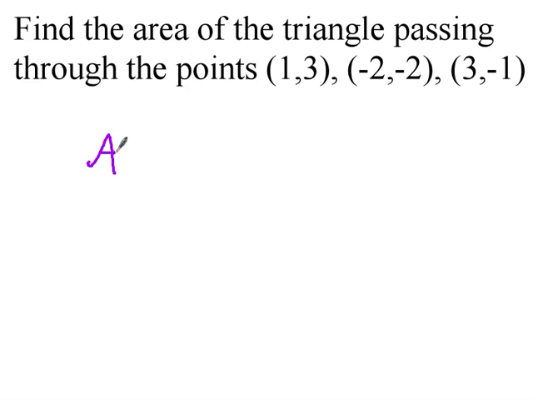So we've got our area here, and I know I'm going to use a plus or minus 1/2, or I could put 0.5, it doesn't matter. Then I'm going to start by writing my 3 by 3 determinant. Row 1 is the first point, so 1, 3, and then I always put the number 1.